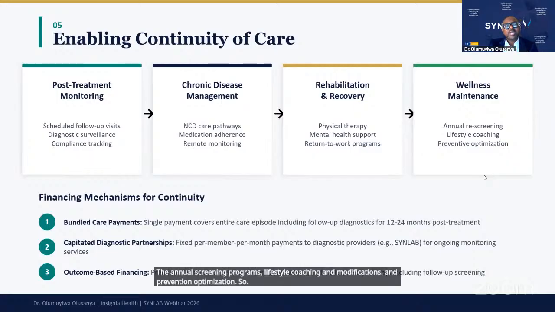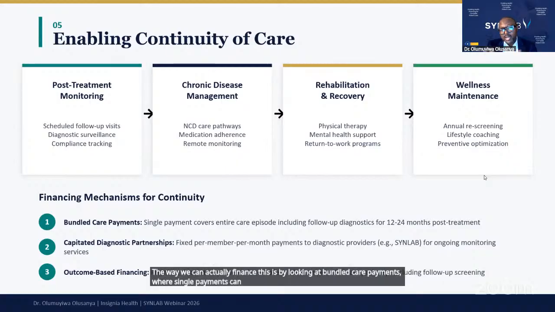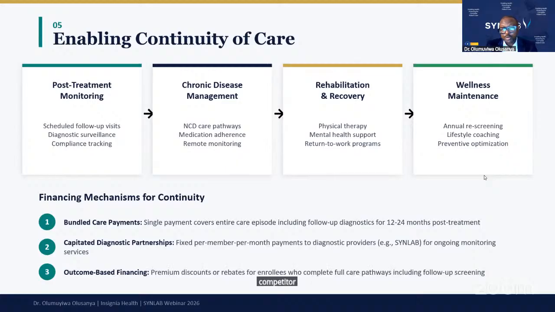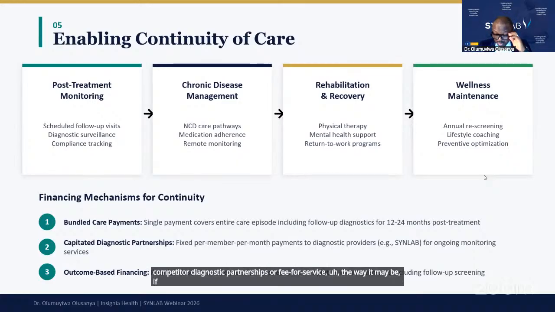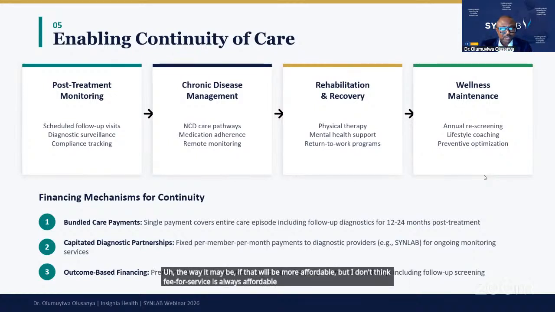So the way we can finance this is by looking at bundled care payments, where single payments cover entire care episodes, capitated diagnostic partnerships, or fee-for-service, as the case may be, if that will be more affordable. But I don't think fee-for-service is always affordable. Capitated arrangements are always better. These are models that we need to explore in Nigeria.